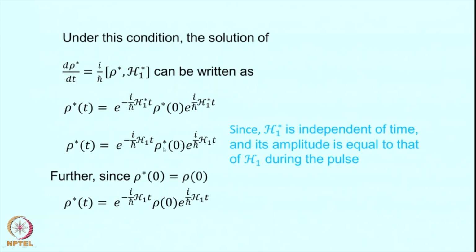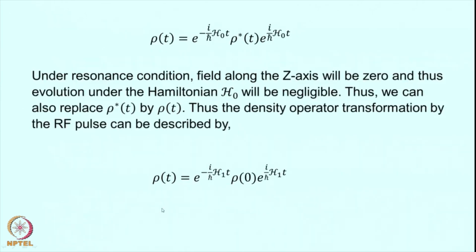And now rho star 0 is equal to rho of 0, and therefore I can also replace this as rho of 0. You will also see that since this is under the resonance condition, this evolution is also extremely small, then my rho of t is equal to rho star of t. Therefore I can write the whole thing as rho of t is equal to e to the minus i by h cross H1 t, rho of 0, e to the i by h cross H1 t.